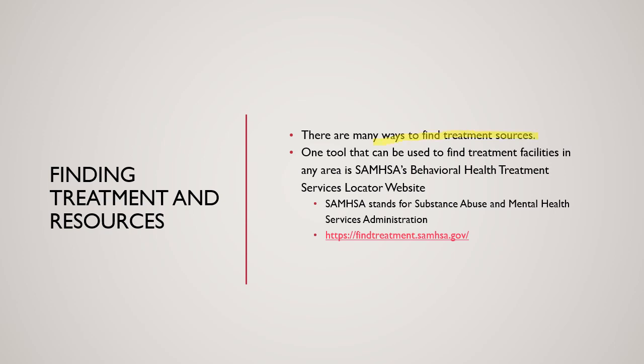There's a number of resources that we can use, whether it be websites, phone lines, hotlines, or even reaching out to your healthcare provider and they might recommend a treatment resource as well. Word of mouth is also a way to find treatment resources. Today we're going to look at one tool that can be used to find treatment facilities in any area located in the United States.